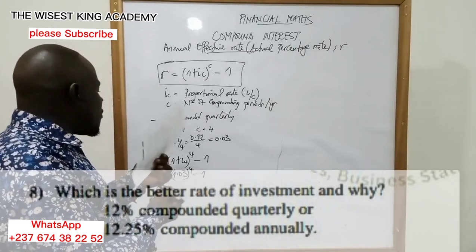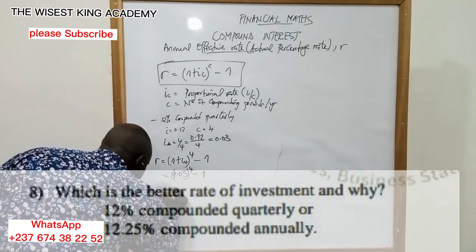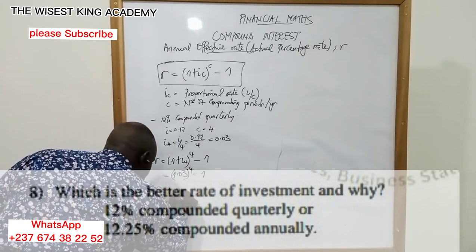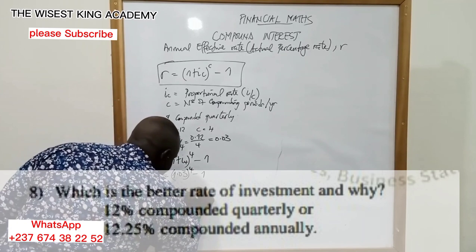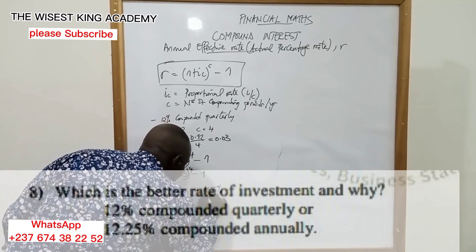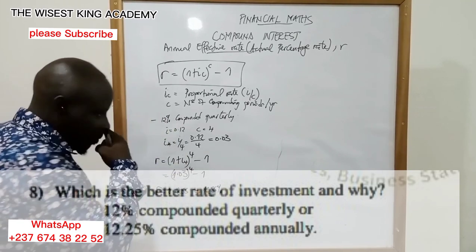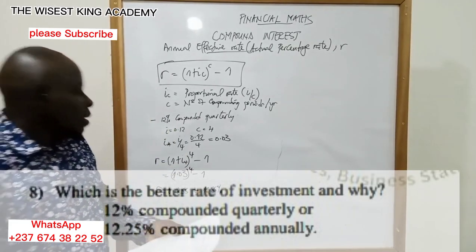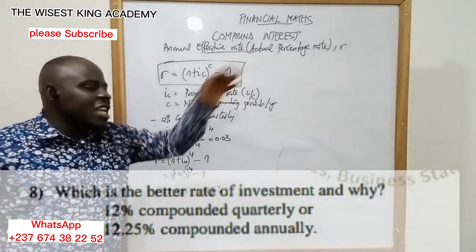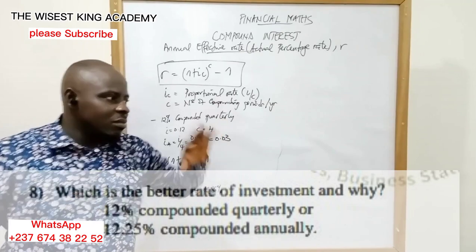That's in fact 0.1255. If we multiply by 100, it's going to give us 12.55%.